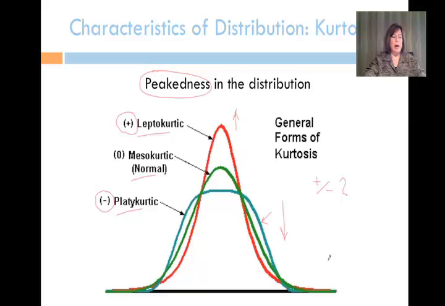The nice thing about normal distribution is that it has mathematical characteristics or properties, and parametric statistics are based on those properties.